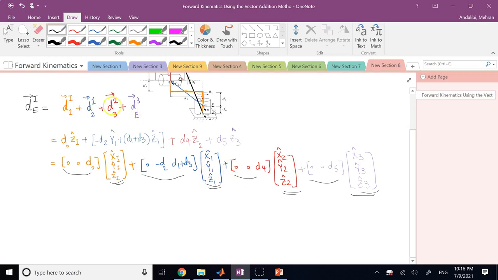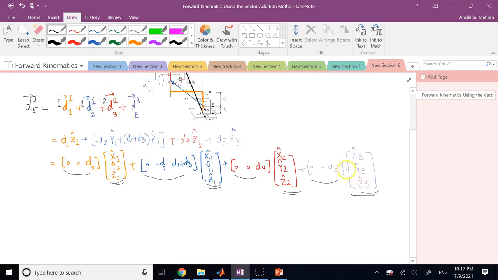The same thing here. What I really have, d of 1 with respect to I, is written in frame I. d of 2 with respect to 1 is written in frame 1. d of 3 with respect to 2 is written in frame 2.